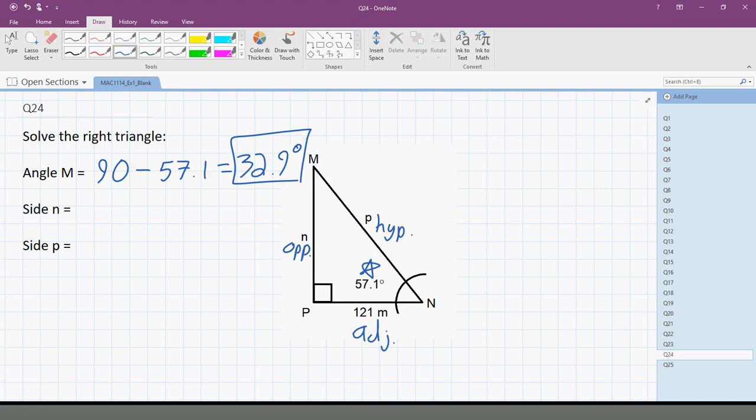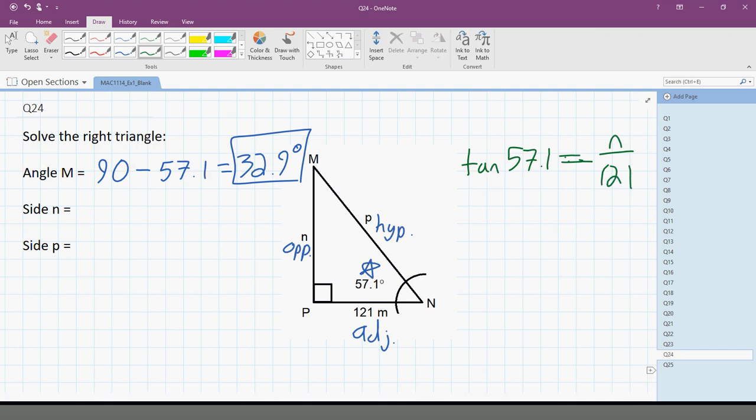So if I want to solve for n, what trig function do I have to run? Perfect, tangent, because it utilizes the opposite and the adjacent. So this is what we're looking at.